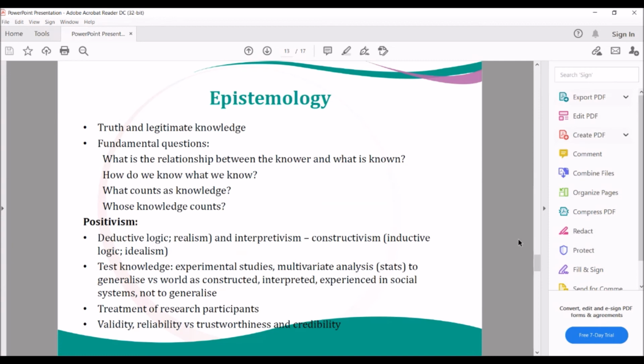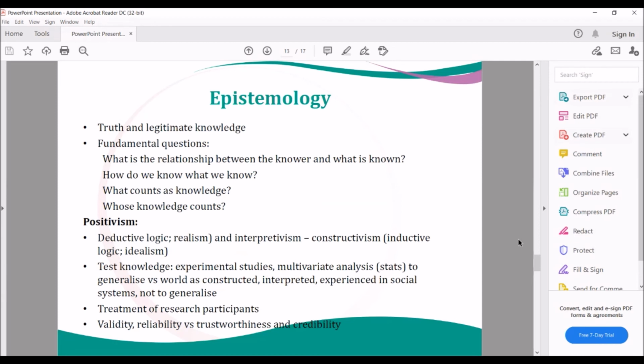With regard to epistemology, positivism keeps a deductive stance or logic that we've got to base our findings on what those that have researched before have said, and their frameworks and idealism. And they test the knowledge through experimental studies, multivariate analysis, which involves stats to generalize the world, whereas interpretivists do not do that.